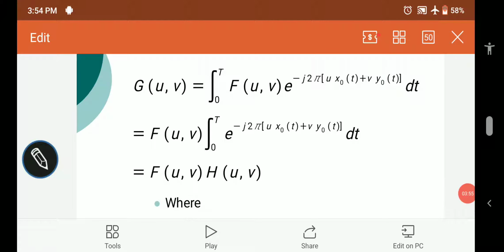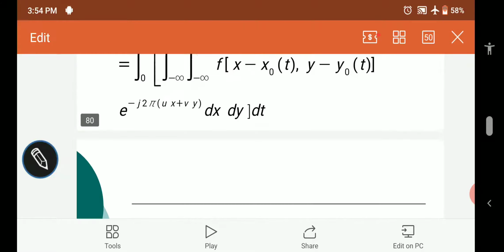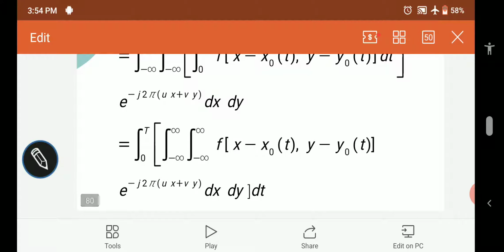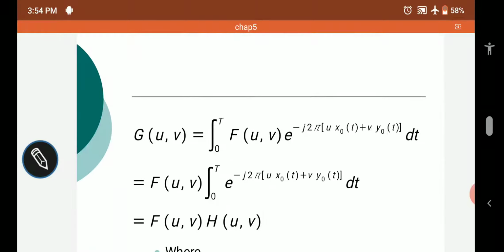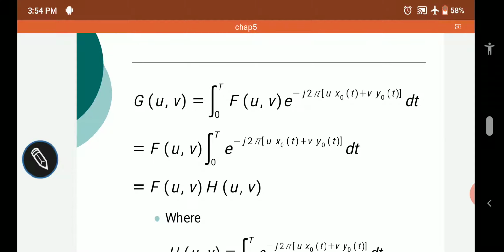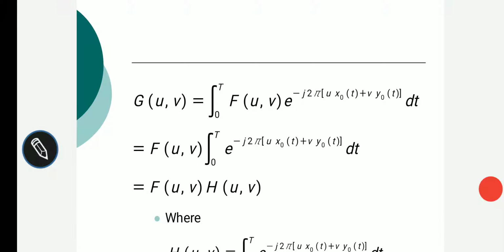The terms inside the bracket, which is the Fourier transform, are replaced by the function f of x minus x naught of t comma y minus y naught of t. Then we get G of u comma v equal to the integral from 0 to T of F of u comma v e raised to minus j 2 pi (u x naught of t plus v y naught of t) dt.